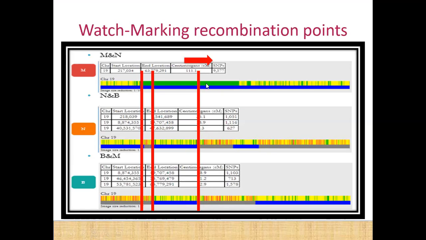We finally see the end of this long, fully identical segment we've been working with, where it moves from green on the top and blue on the bottom to yellow on the top and blue on the bottom. When we look below it, the comparison between siblings N and B, we see they went from not matching, that gray-brown on the bottom, to a half identical match, yellow on the top, blue on the bottom.